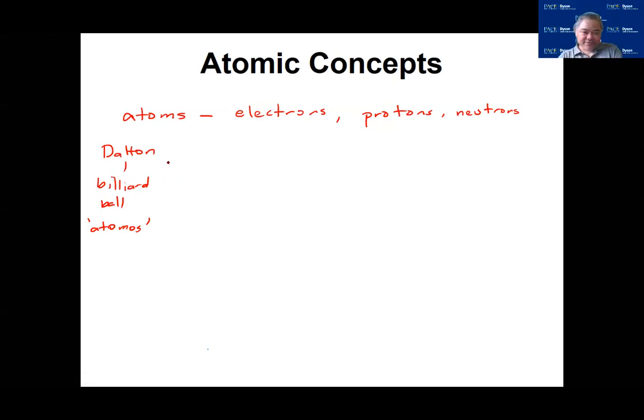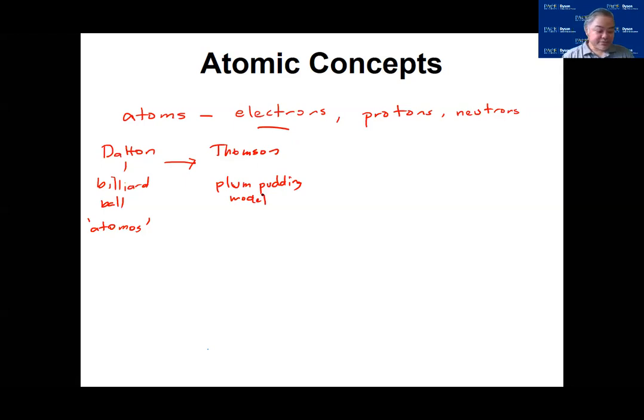And then from that concept, it becomes Thomson. Okay. What's Thomson's model? The plum pudding model, wherein he indirectly discovered the electrons, right?